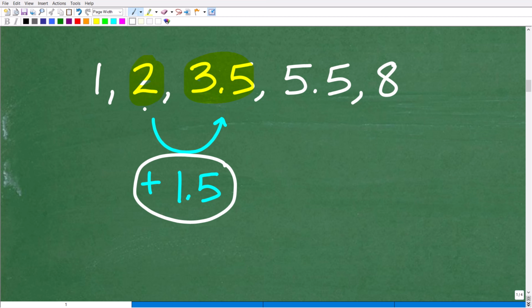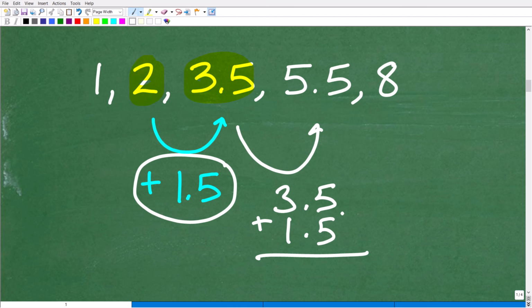Well, if that is the case, let's go ahead and test this. So if we take this 3.5, and then we add a 1.5, do we get to 5.5? Well, no, we get to 5.0.